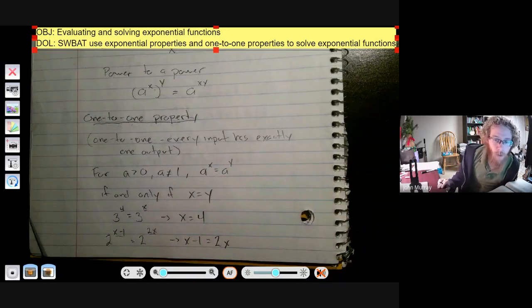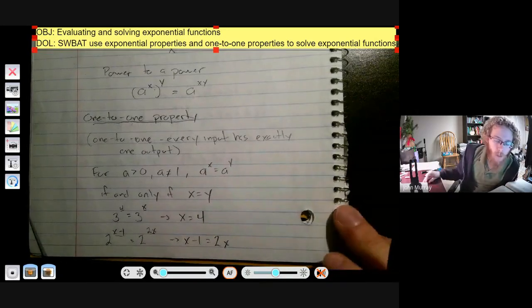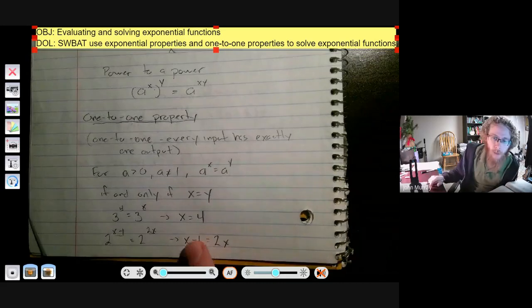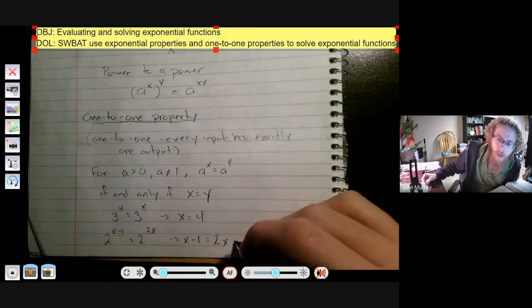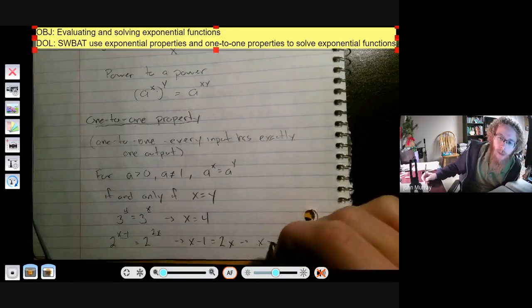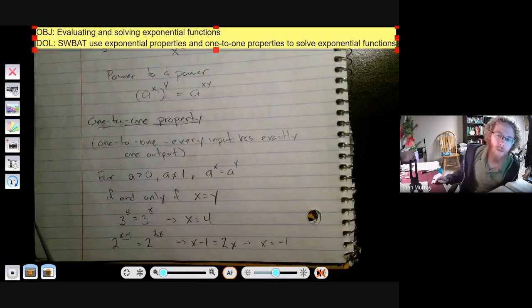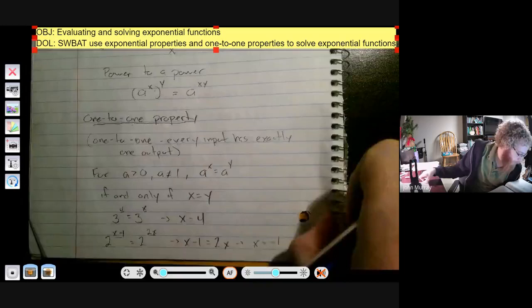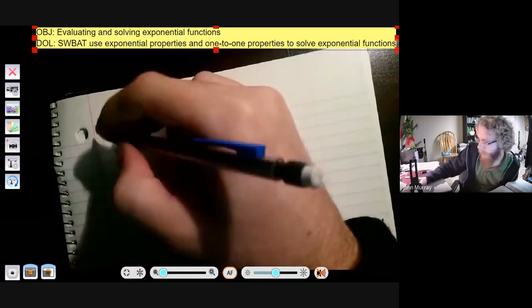So you have x minus 1 equals 2x, and now we would solve this as normal. I would subtract x from both sides, so I'd get x equals negative 1. And that's the only instance that we have. Here I have 2 to the negative 2nd, and here I would also have 2 to the negative 2nd, and they have to be equal. So let's take a look at something a little more challenging.